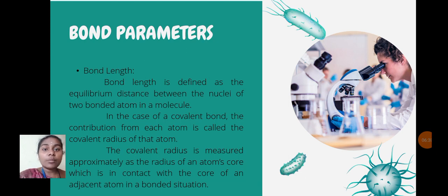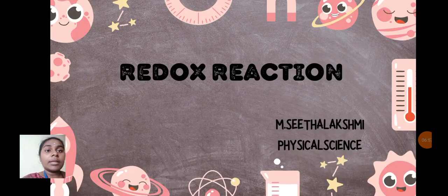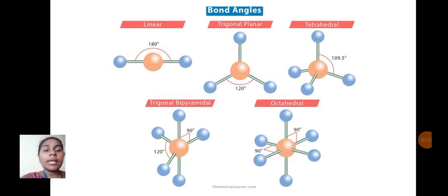Covalent radius is measured approximately as the radius of an atom's core in the bonded situation. Next, bond angles: linear, trigonal planar, tetrahedral, octahedral, trigonal bipyramidal. There are many molecular shapes with different bond angles.